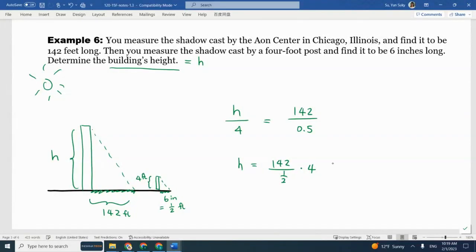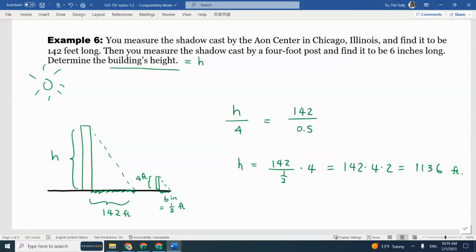When we divide by 1/2, it's the same as multiplying by its reciprocal, which is 2. Exactly, right? So 142 times 4 times 2. So put it in your calculator. What do you get?